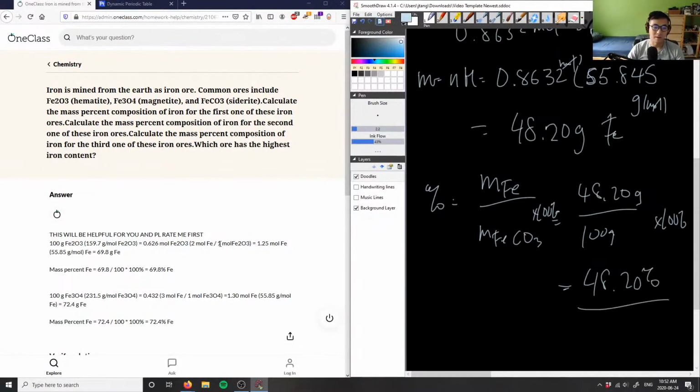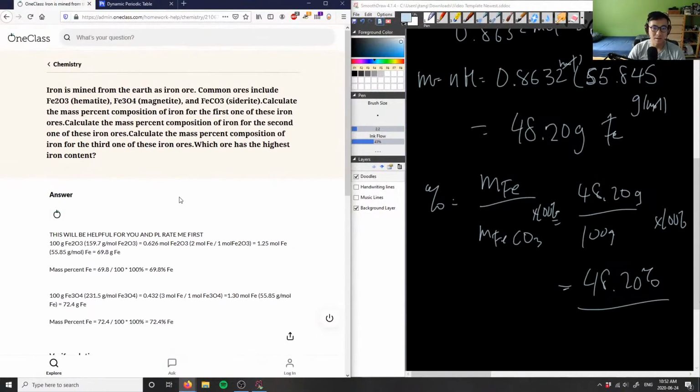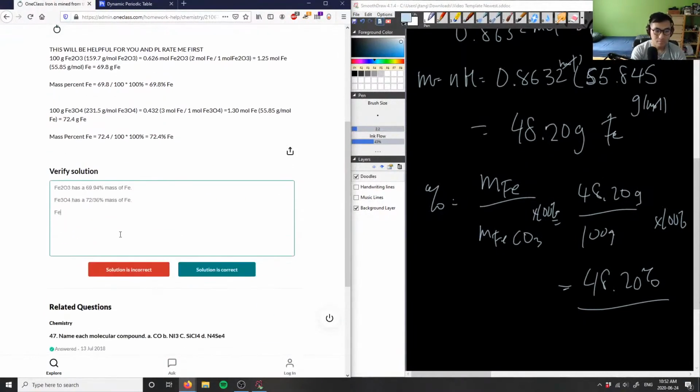So that's going to be our answer for all three of those guys, which has the highest iron content. Well, again, highest content has the highest percent, which is 72.4. So, which means that magnetite has our highest iron percentage. So write this down. FeCO3 has a 48.20% mass of Fe.